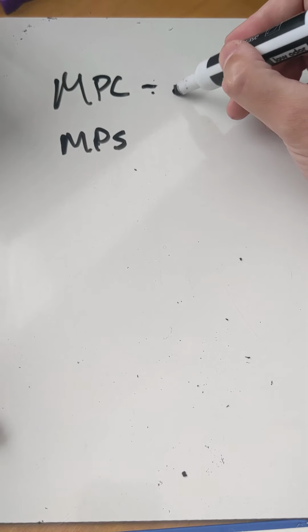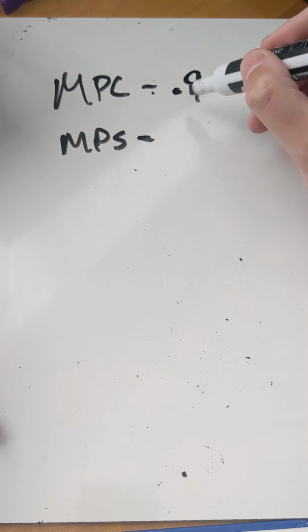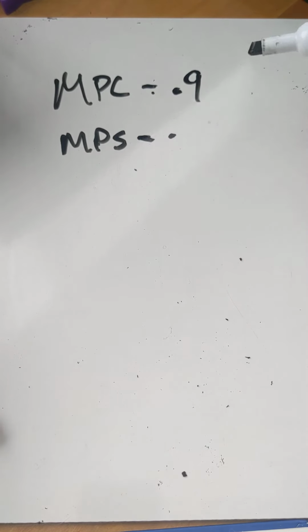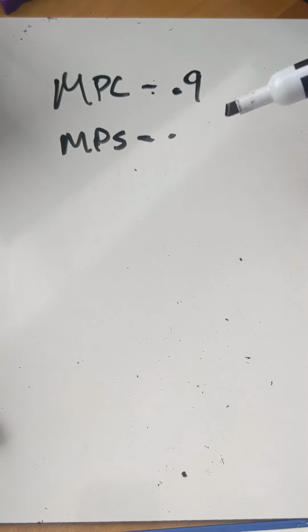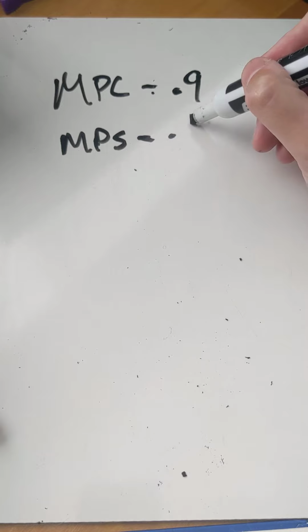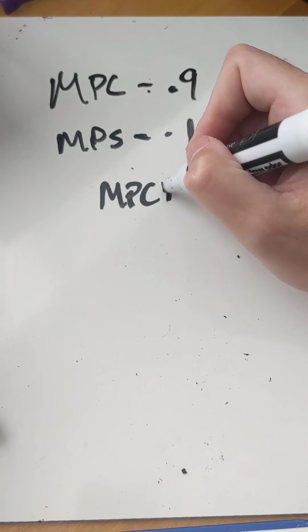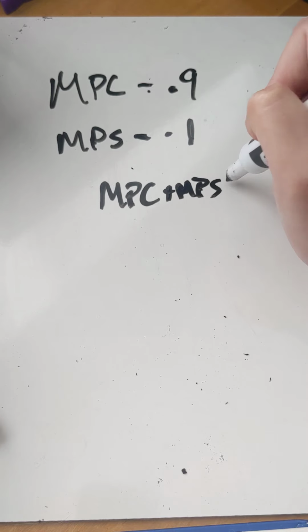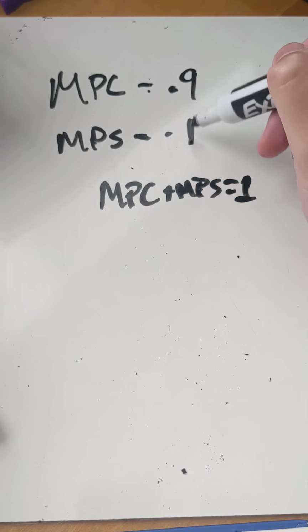It's a ratio. In this instance, it is 0.9. The MPS, then, we were saving 10 out of every $100 we got, or 1 out of every 10, or 10 cents. It doesn't matter. It's 0.1. MPC plus MPS must equal 1, because those are the only things you can do with a dollar, spend or save. So that's what those are.